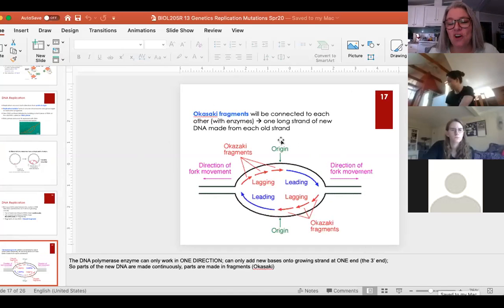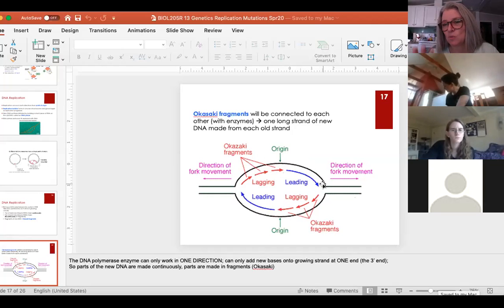So in this drawing on this slide, you can see the replication bubble. And remember, on one old strand, the top black strand, the new DNA can only be made in one direction. So that means that from the origin, part of it gets made continuously, and part of it gets made discontinuously.